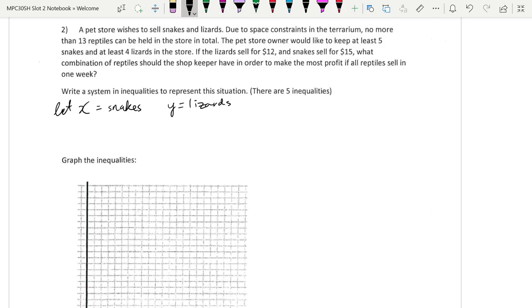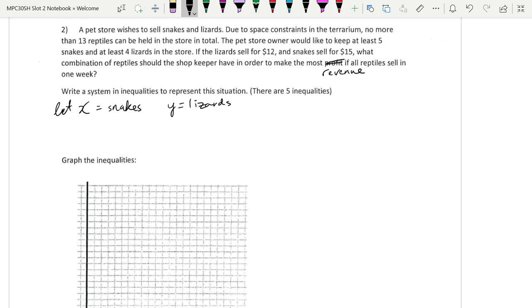And I'm going to change one of the words in the equation too. Guess what word I'm going to use instead of profit? I'm going to use the word revenue. Anybody know why I made that change? Because it just tells me how much they sell for. It doesn't tell me how much my profit is on them.